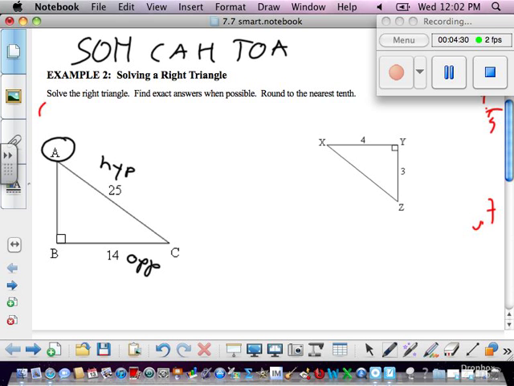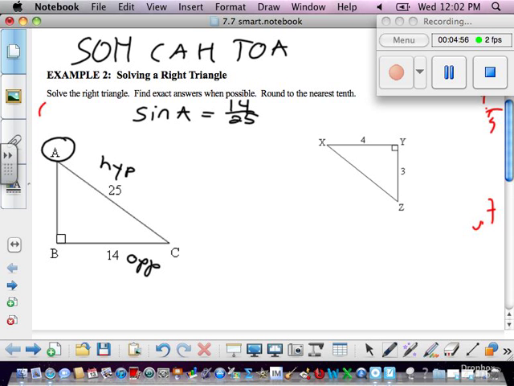Yes, Dalton. Tangent. Tangent has an O and an A next to it. I need an H and an O. Justin? Sine. Good. Nice try. So I've got sine of A equals opposite, which is 14, over hypotenuse, which is 25. Notice that I had O on top and then H because O's first and then H.